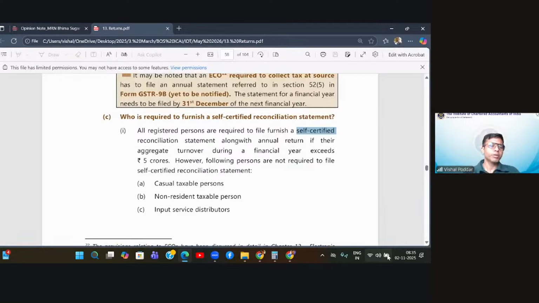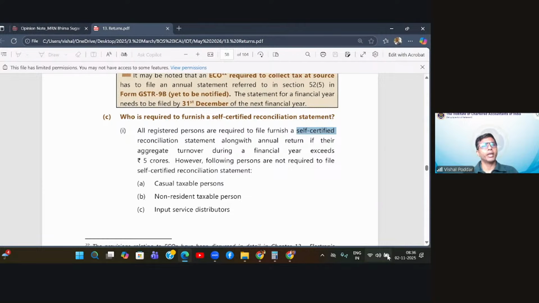Now, this time-consuming activity has been shifted to the business, which is cast with the responsibility that every year, when you are preparing and filing your annual return, you also give us the reconciliation statement, so that even before the officer comes to you, they can make their self-assessment and desk review on the basis of your reconciliation. Your books may be published, as different laws now require publishing your financial details.